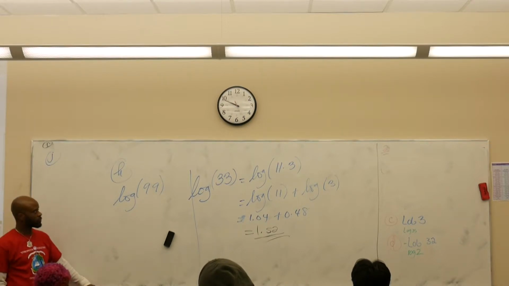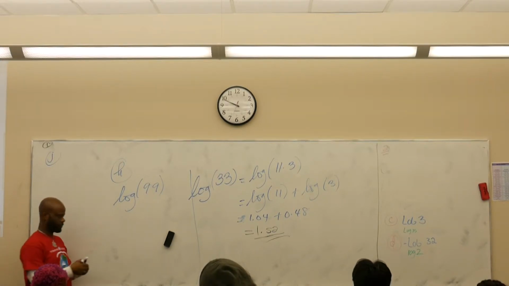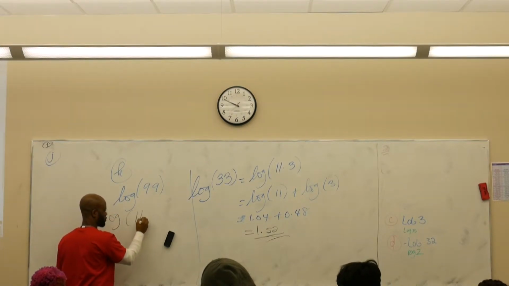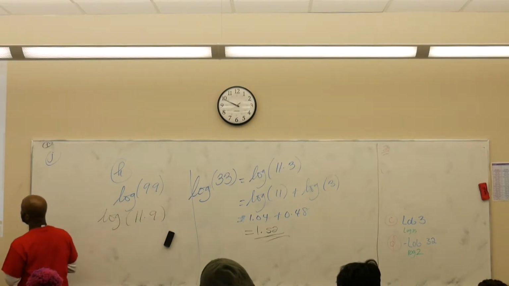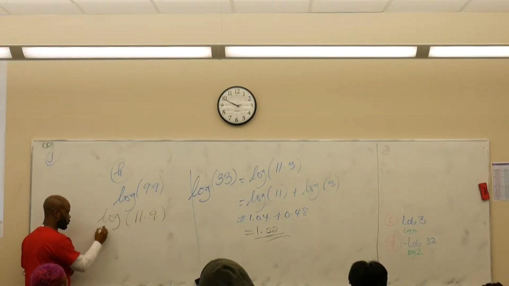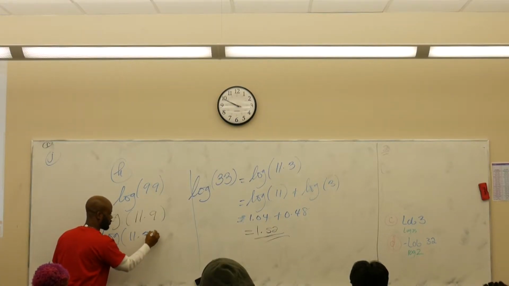So how do we break 99? 11 times 9 first, right? But 9 is not a prime number, and it's not in the table, so we have the log of 11, and then 3, and 3.